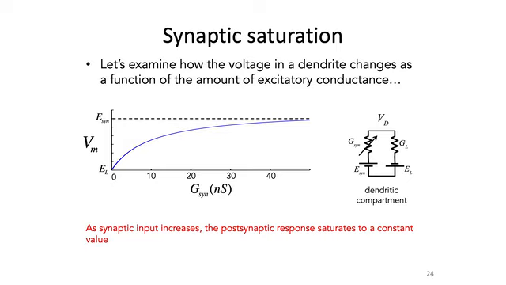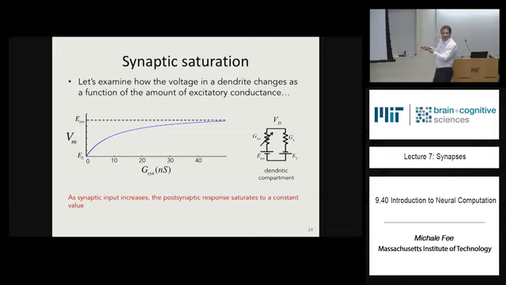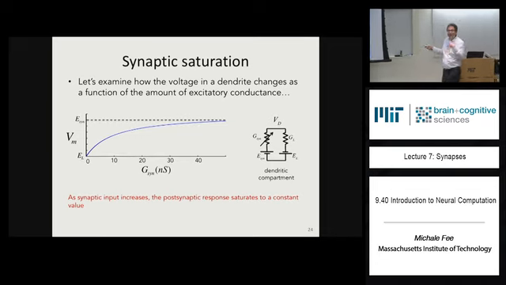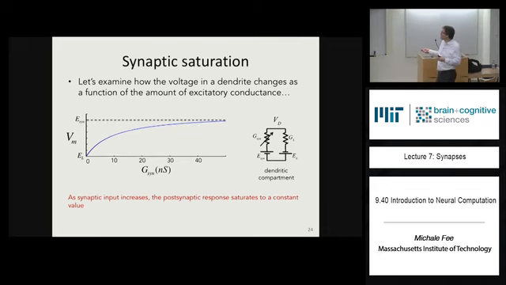You're basically attaching the battery to the inside of the cell. And as you add more and more conductance, as you put more and more neurotransmitter onto that receptor, or have more and more neurotransmitter receptors, the voltage response goes up and then saturates.